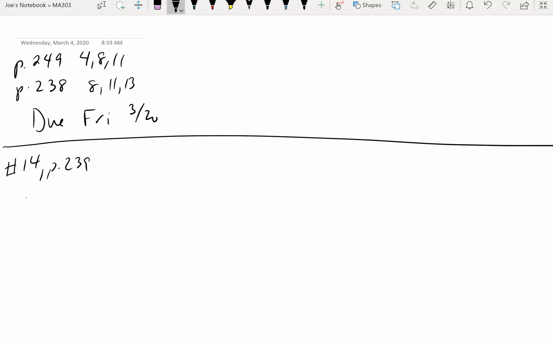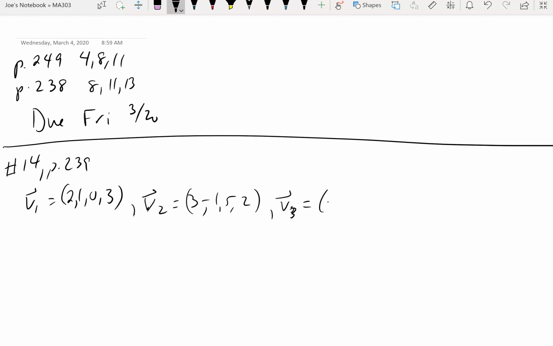Number 14 has vectors in R4. V1 is 2, 1, 0, 3. V2 is 3, negative 1, 5, 2. And V3 is negative 1, 0, 2, 1.